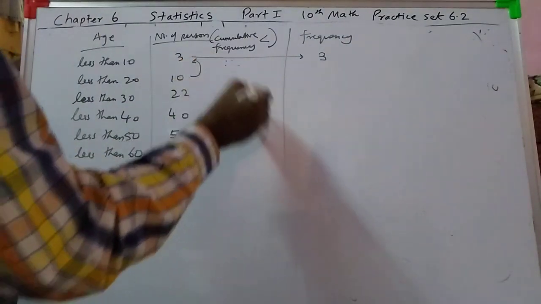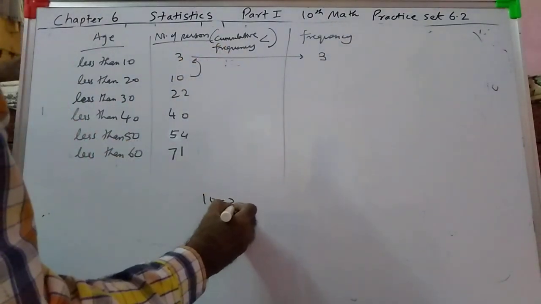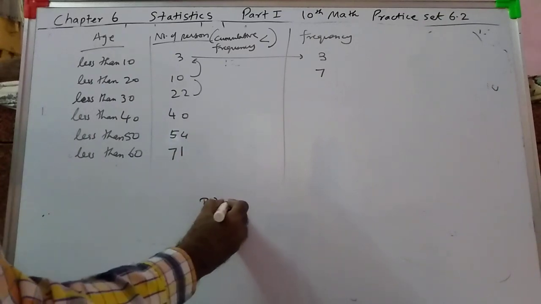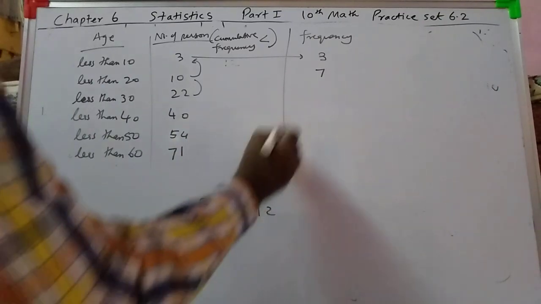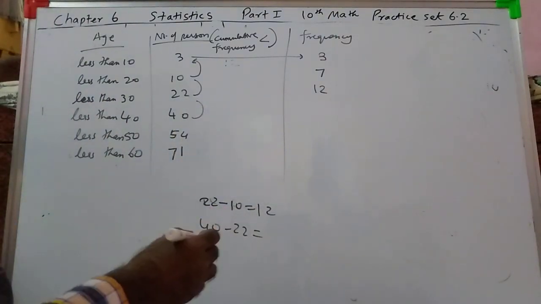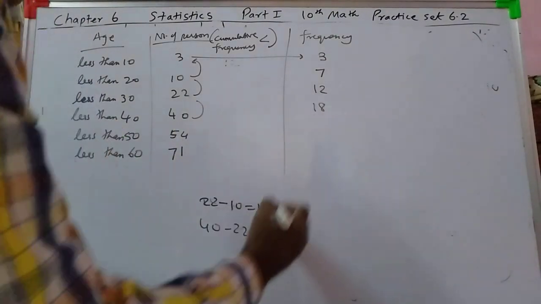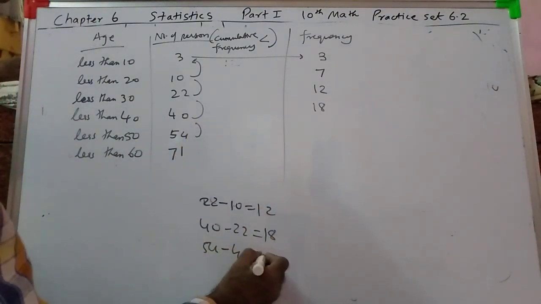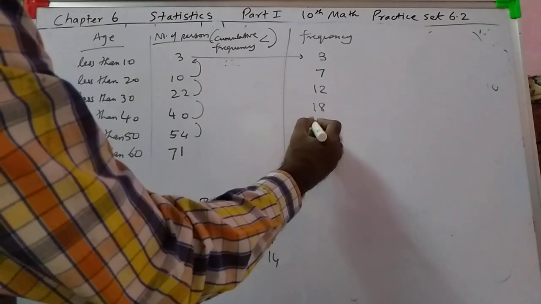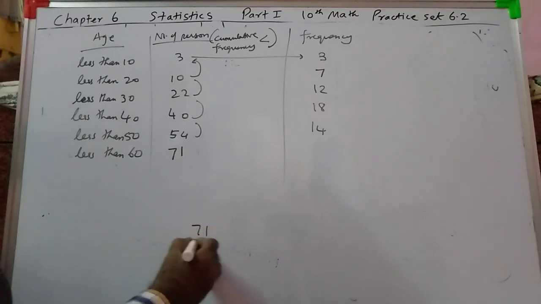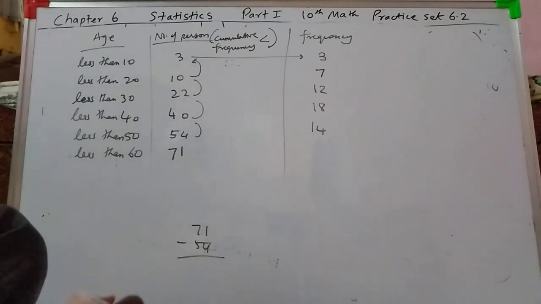And subtract this. 10 minus 3, 7. 22 minus 10, 12. 40 minus 22, that will get 18. 54 minus 40, that is 14. 71 minus 54, that is how much?